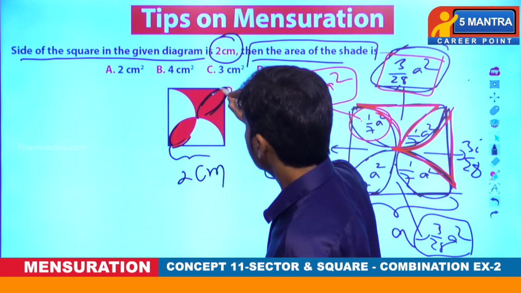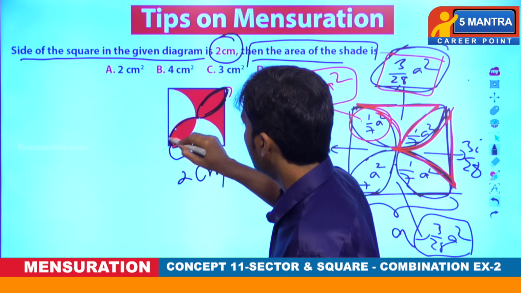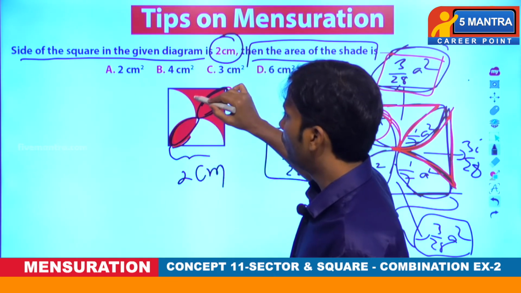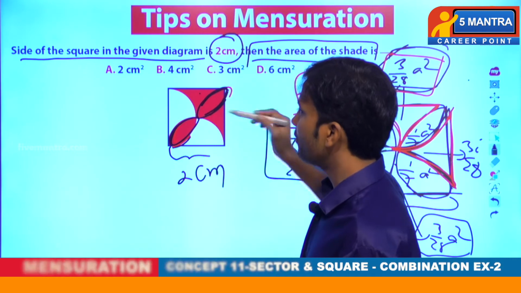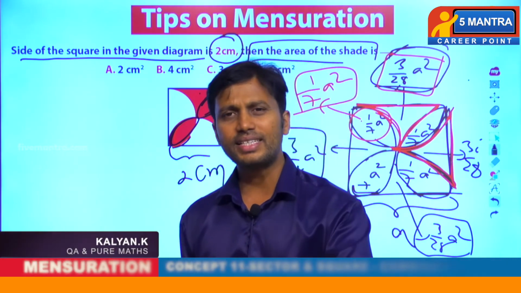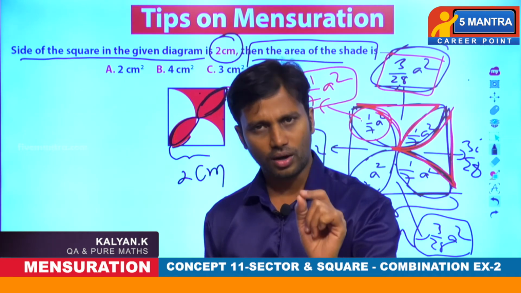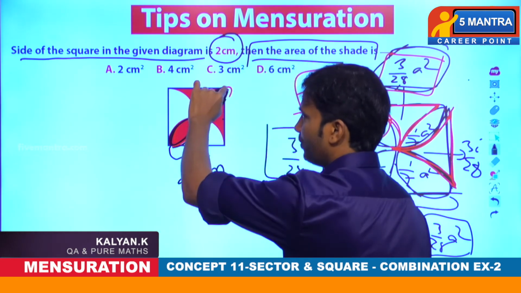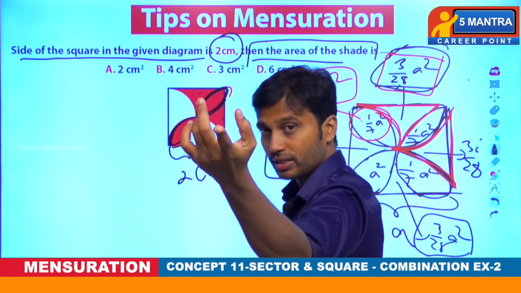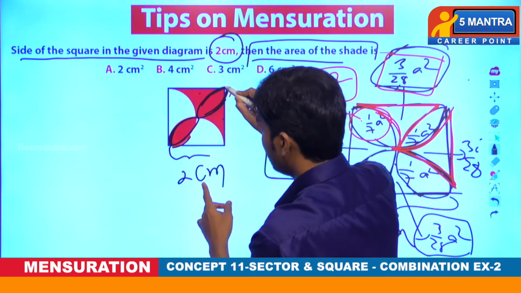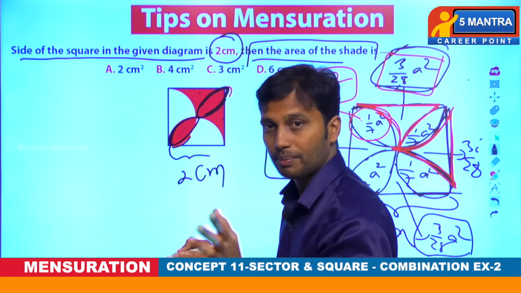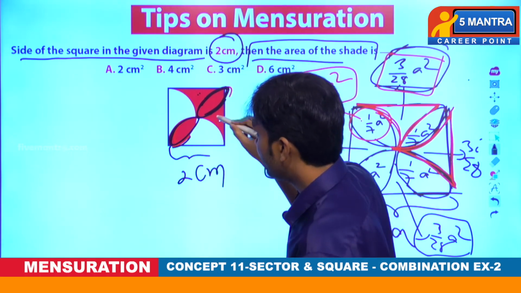If you would have successfully drawn all the semicircles, then in this area one more petal and two gaps will come, or not. So what is the resulting area they are asking for? If you have drawn four semicircles, here there should be one more petal, and how many gaps are there?